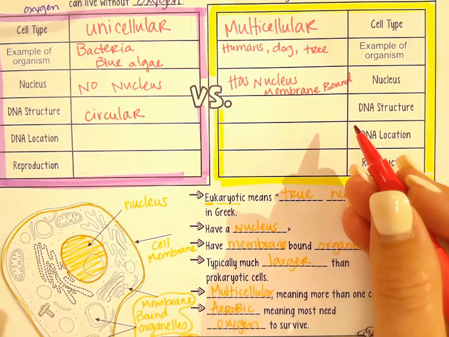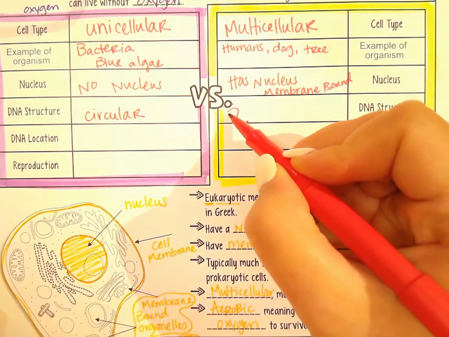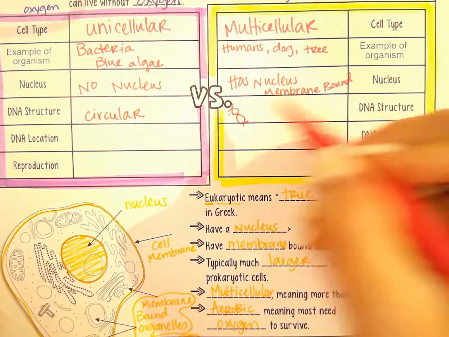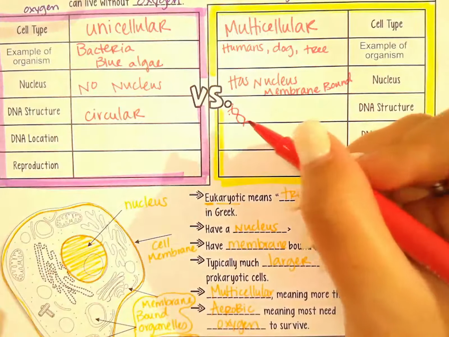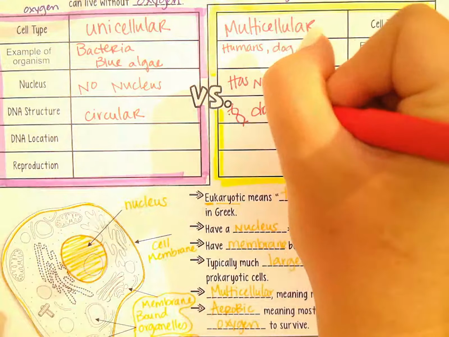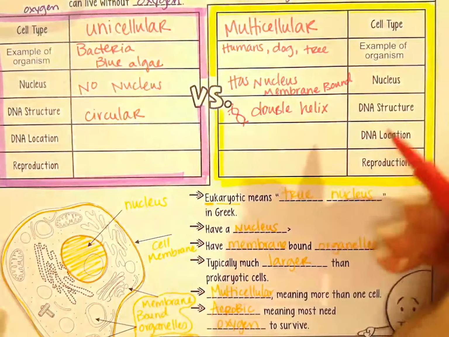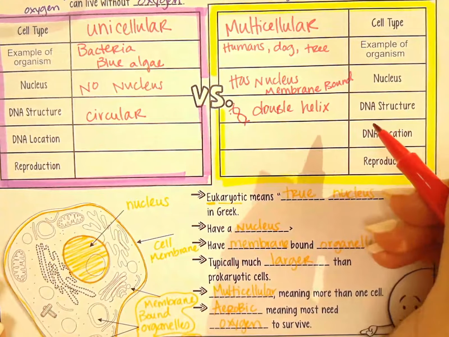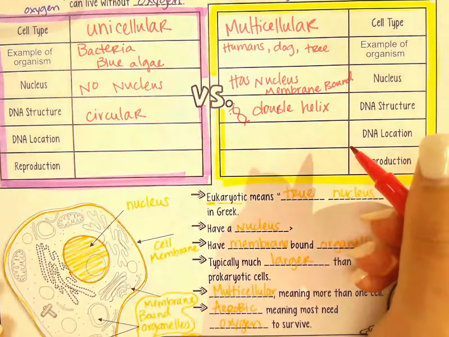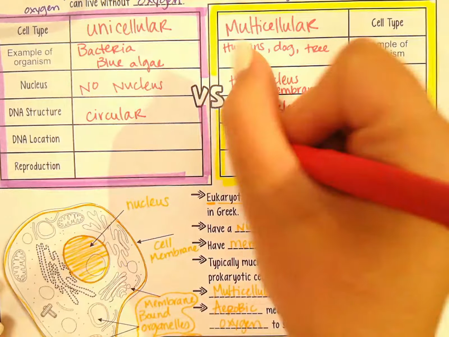If you've ever seen that diagram of that double helix, right? That's what the DNA shape is like in a eukaryotic cell. So we're going to write double helix is the DNA structure. The DNA location, where do we find our DNA in a eukaryotic cell? It is found inside the nucleus.